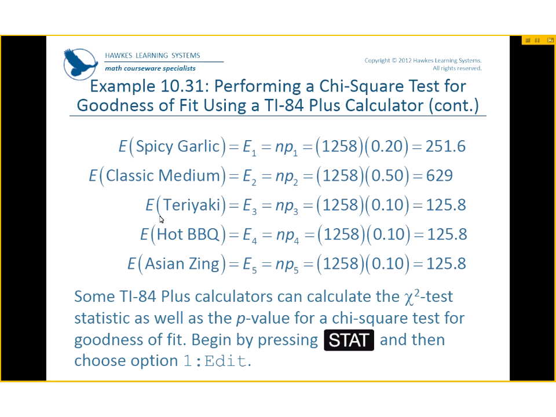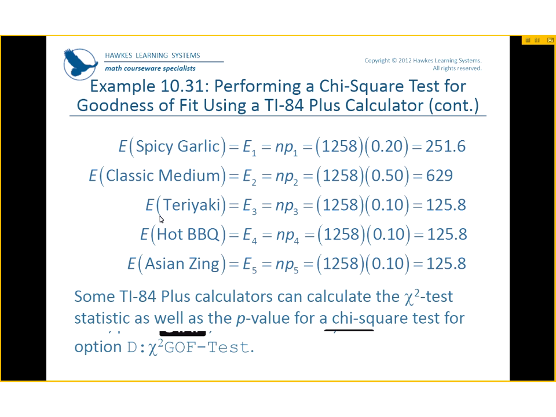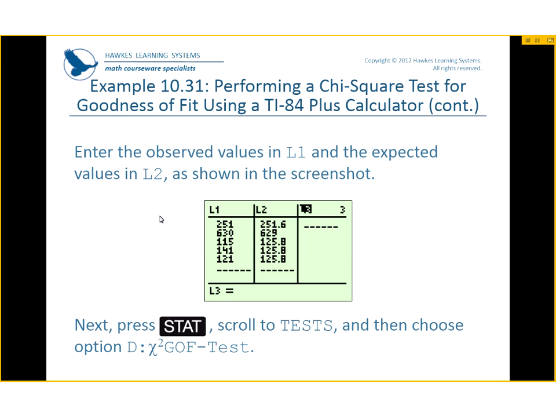So now instead of using that huge table, let's do this. Get out your calculator. Hit Stat, and then go to Edit. In L1, you're going to put all your observed values: 251, 630, 115, 141, and 121.